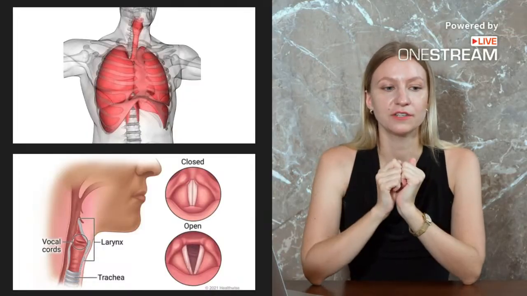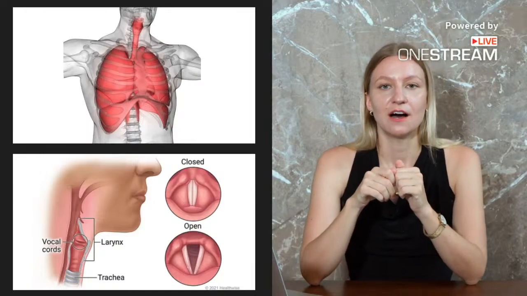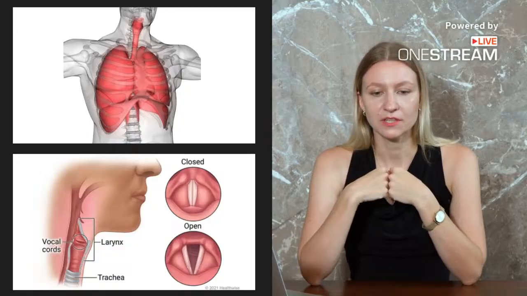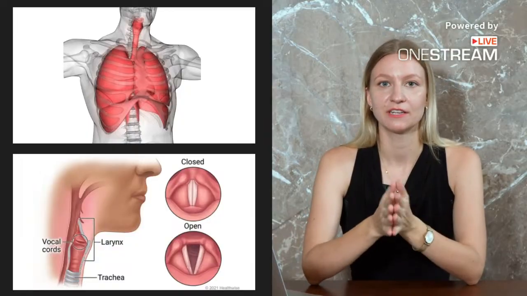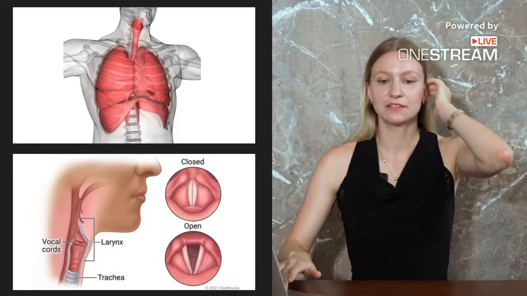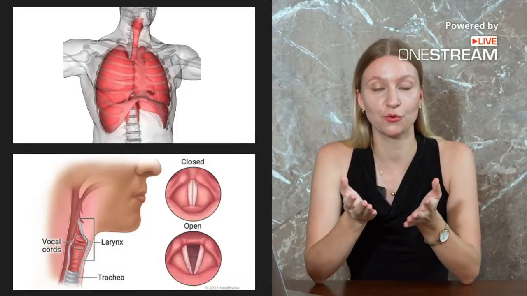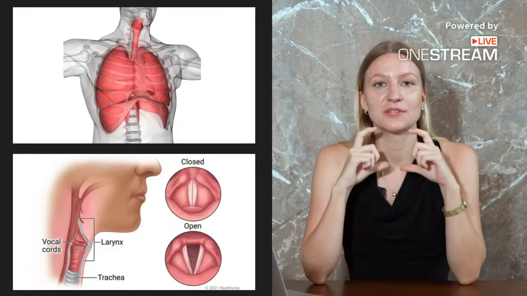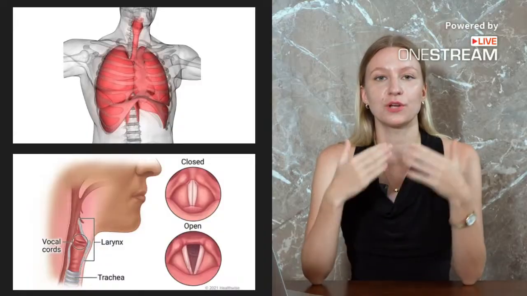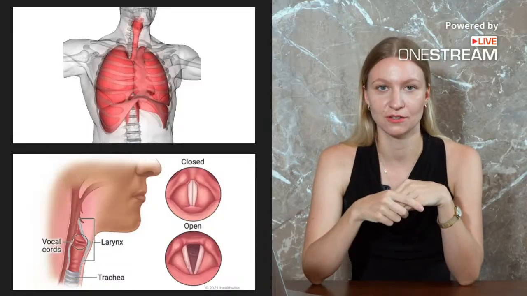But very often, because of the stress, our larynx is being pulled up. And so the sound is also different. It's being more nasal. And so I'm going to show you what this position of our larynx does to our voice. Right now I'm talking to you in my natural position.